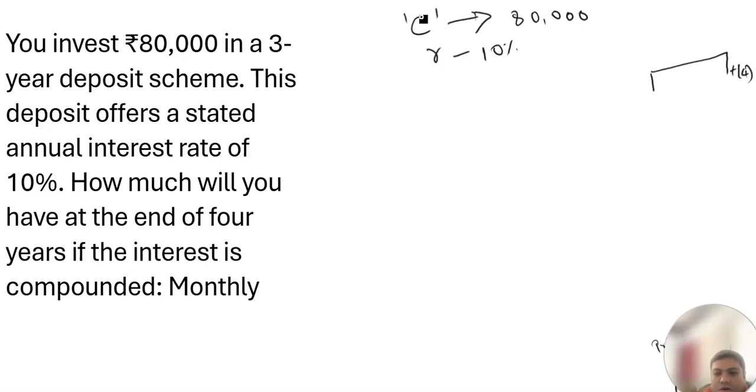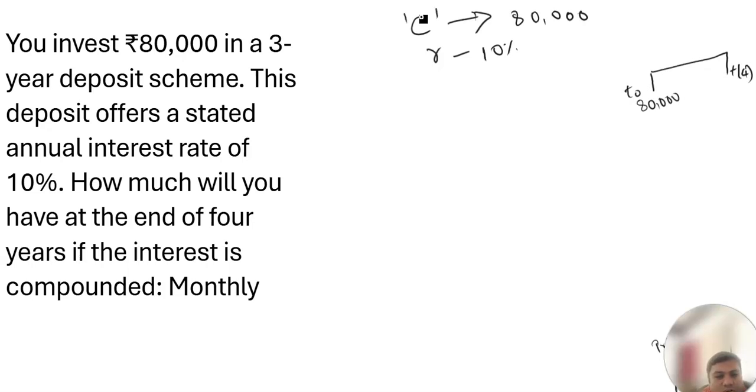I've told you very clearly that if nothing is given, whether it is beginning or end of the year, then we assume it is the end of the year. So this is T0. If you are investing 80,000 rupees today, what is the value of this 80,000 at the end of the fourth year?